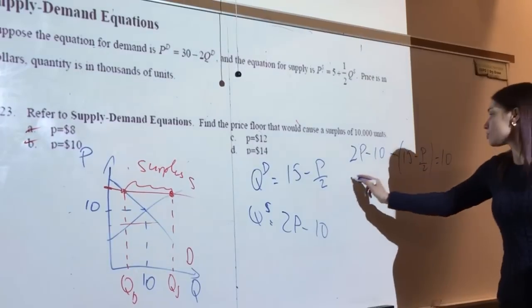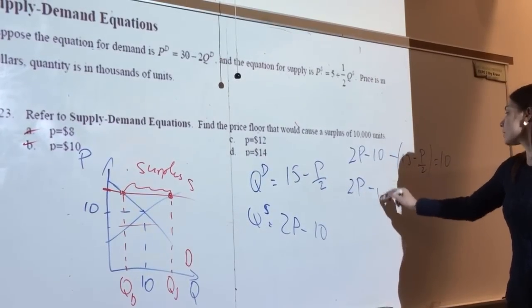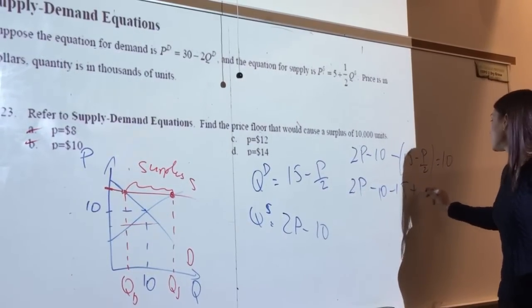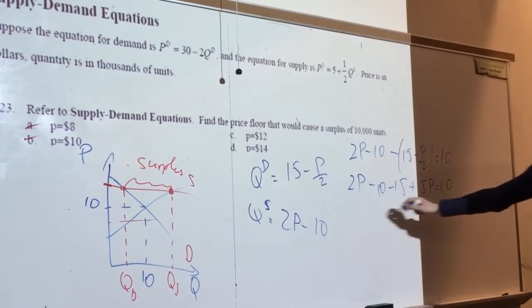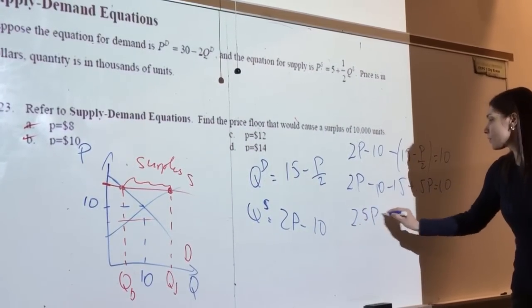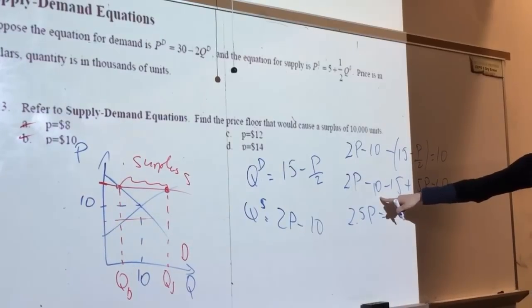Distribute the negative as you go. 2P minus 10 minus 15 plus 0.5P equals 10. This is 2.5P, and this is negative 25.